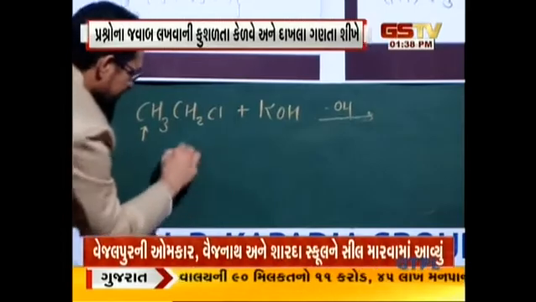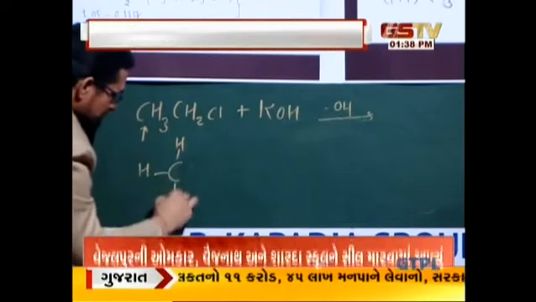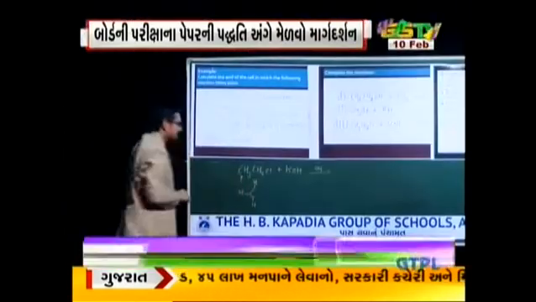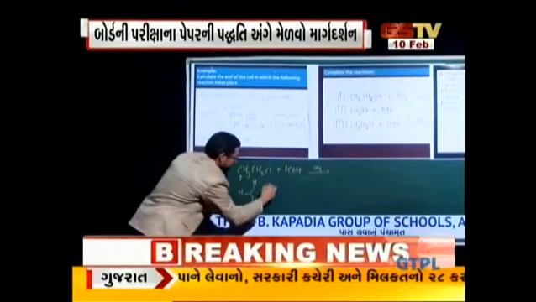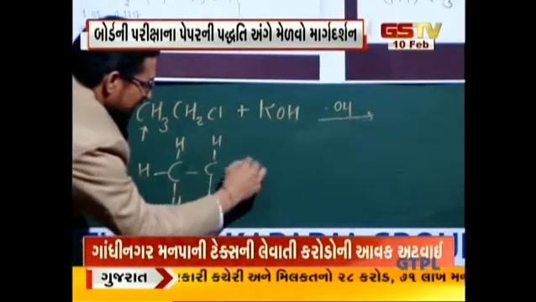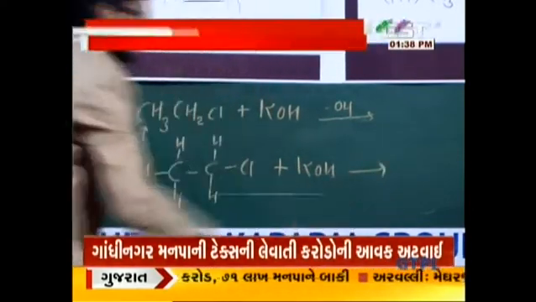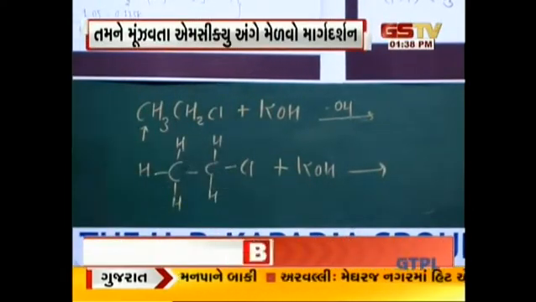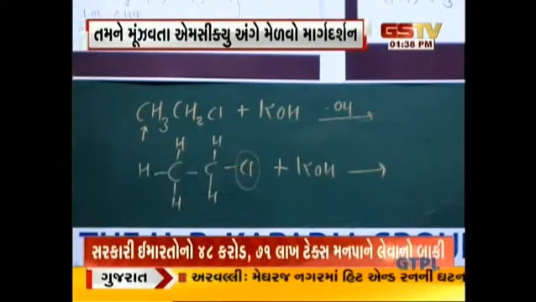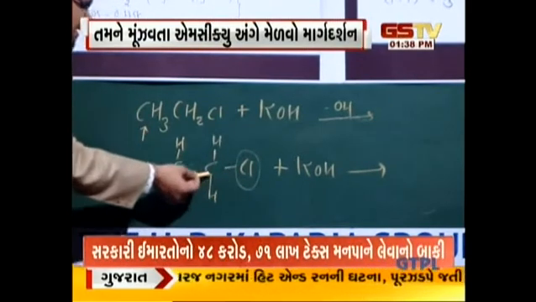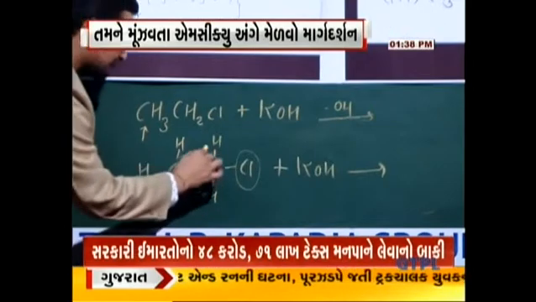If I write like this, CH3CH2Cl plus KOH. Here you can see that this is the halogen functional group, attached to the carbon, which is the alpha carbon.